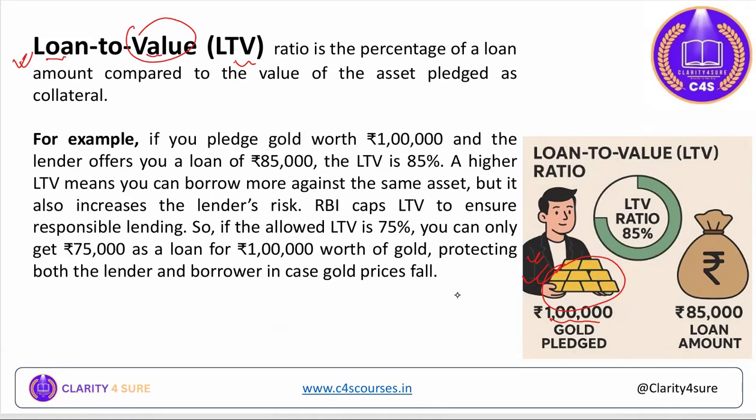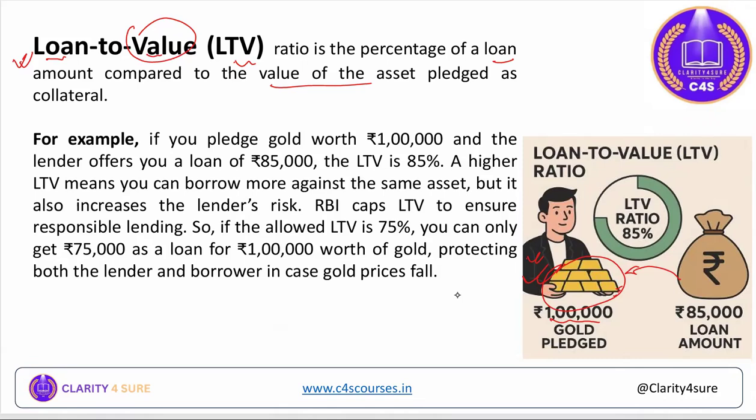What is the loan amount that a lender is giving for this gold? This is called the loan to value ratio: the percentage of loan amount compared to the value of the asset placed as collateral with various loan sanctioning authorities like Muthoot Finance and other gold loan agencies, right?